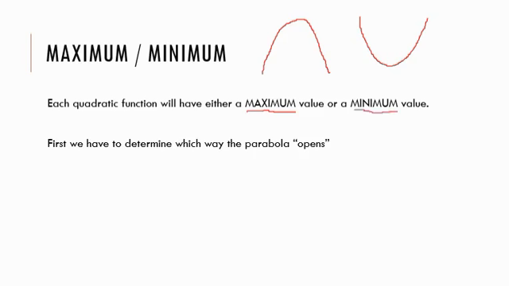And as you can see, I just wrote there, first we have to determine which way it opens. So if it opens down, like I drew up here first, then there is a maximum point. And when we're talking about the maximum, we're talking about the function's value. So what does y equal?